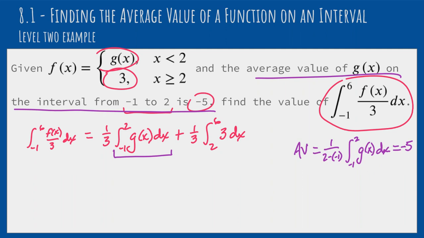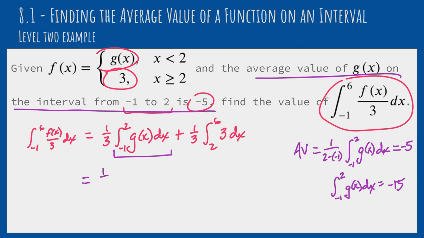So using this, we can figure out that the integral from -1 to 2 of g of x is equal to 3 times -5, which would be -15. I just multiplied the 3 here by the -5 here, and that gives us the value of the definite integral there.